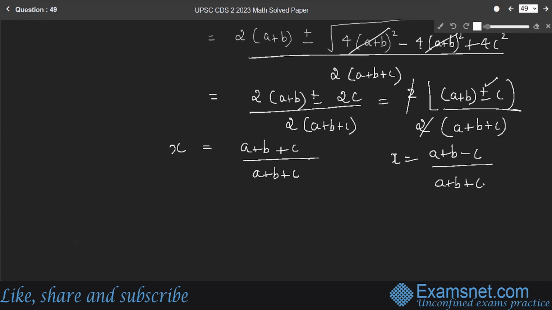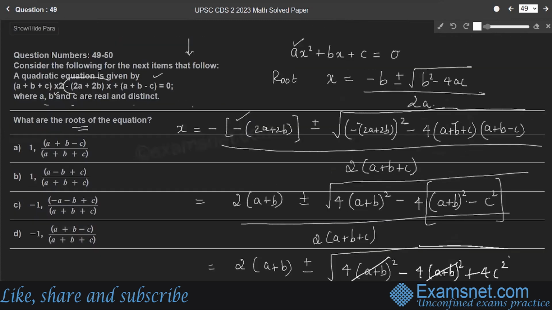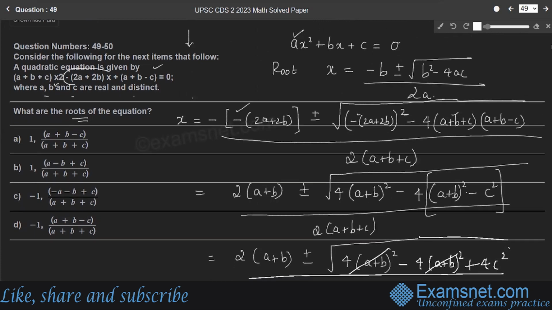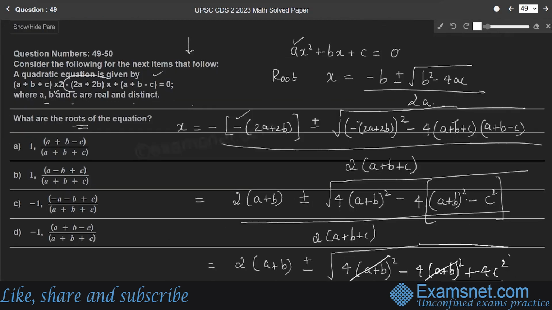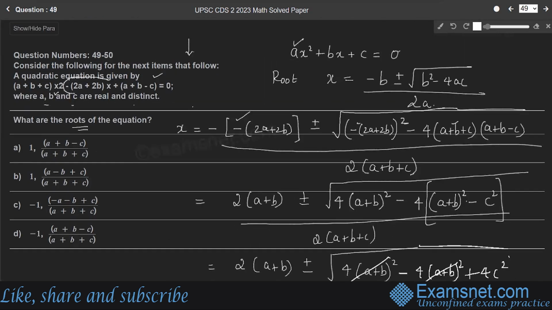So the roots of the given equation are 1 and a plus b minus c by a plus b plus c. Look at the options. Option A is the right answer.